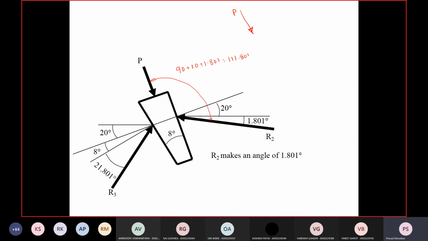And this total angle will be 90 plus 8 plus 21.80.